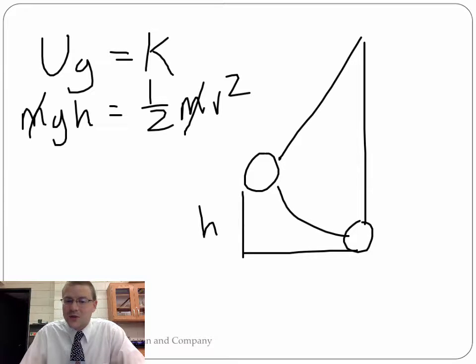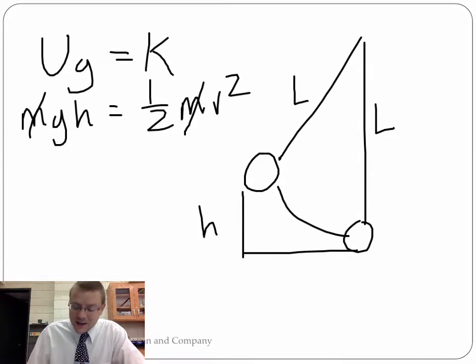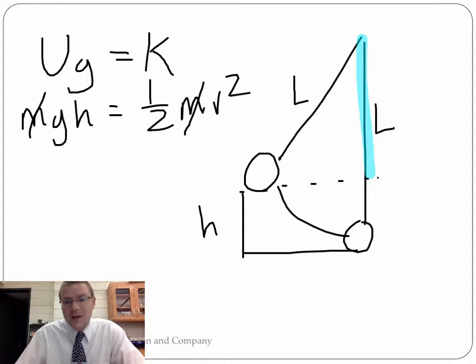And what you can do is a little trick with the string. The string is length L, and whenever you pull it back, the string is still length L. So technically, if I can figure out how far the string is above this new horizontal, that will be how much height I've risen on the other side.